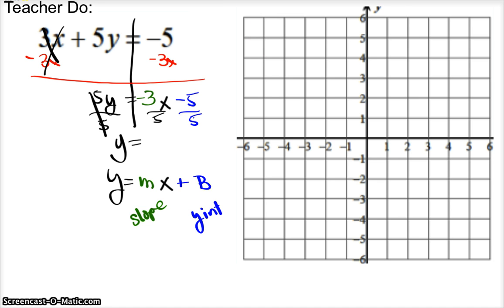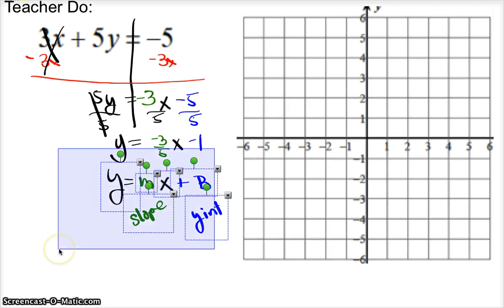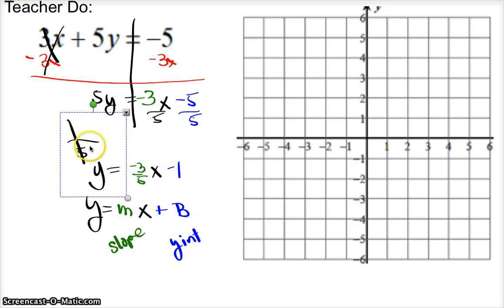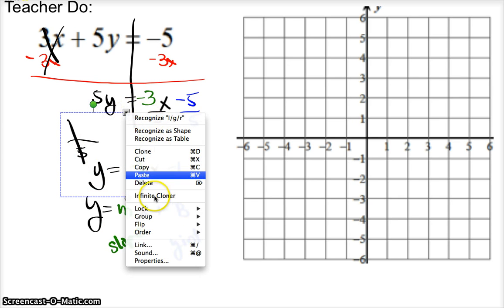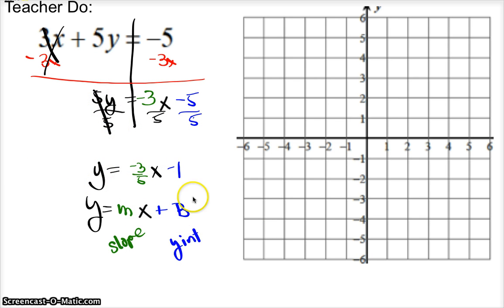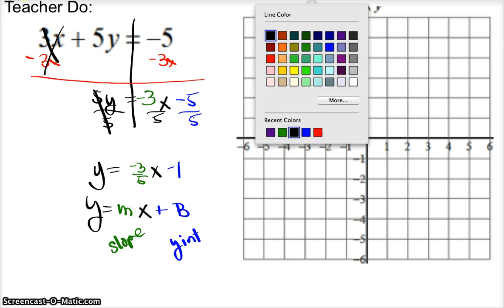Now when I get down to the end, I'll have this negative 3/5 x. And then 5 divided by 5 is 1, so minus 1. This is my formula that I'm looking for, right here. This one, minus this part. So, now that I have everything together, we'll start here again on the y-intercept.